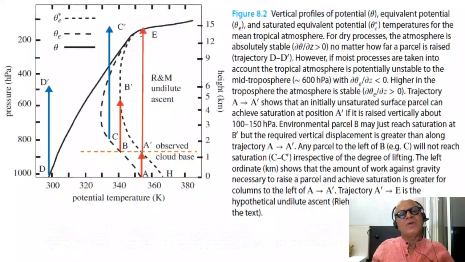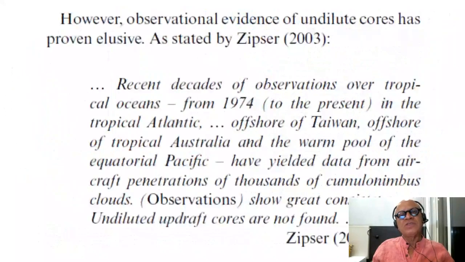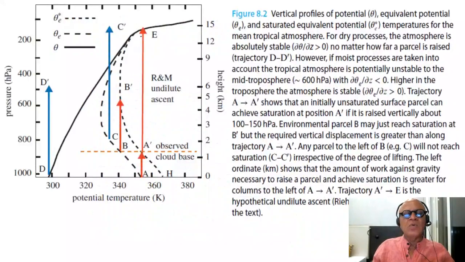Obviously we have to start with the structure and where an air parcel can be raised. We are showing here the potential temperature in the solid black line, and we have equivalent potential temperature here with its negative gradient and instability, and we have the saturated equivalent potential temperature.